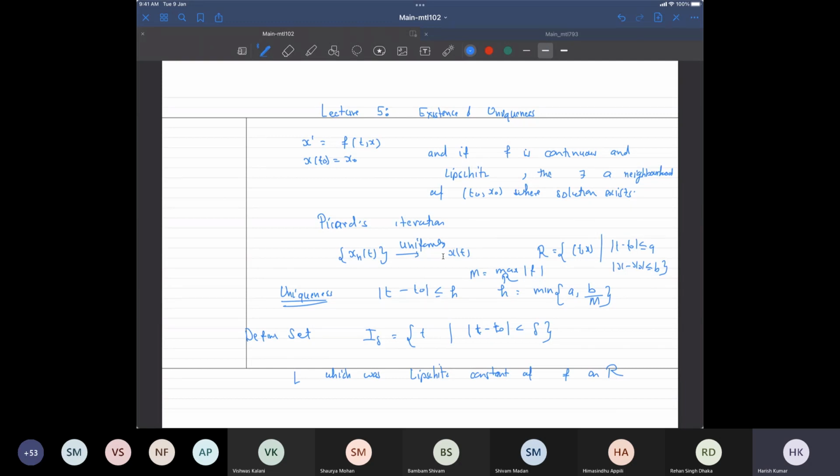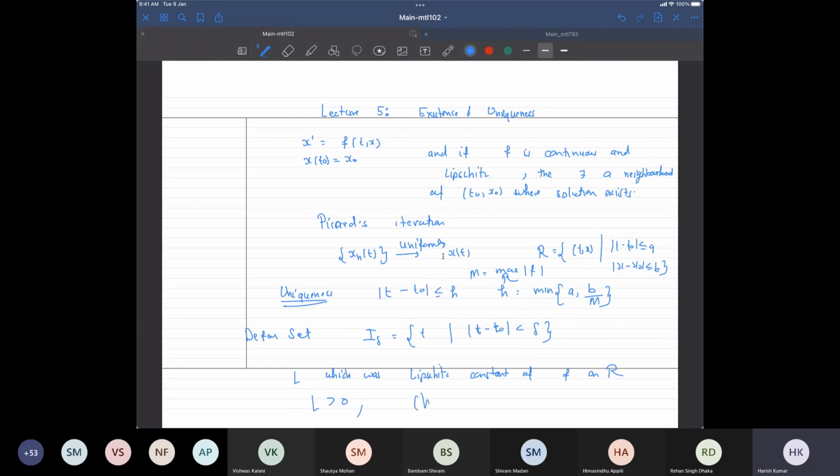So of course L is a positive number. If L is very large, then delta will be very small. If L is around 1, then delta can also be a little bit less than 1. But this choice is in our hands. Whatever L is, we can choose a delta.